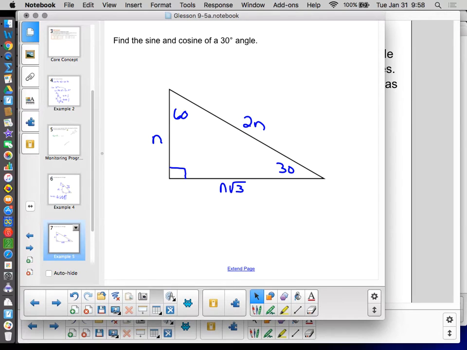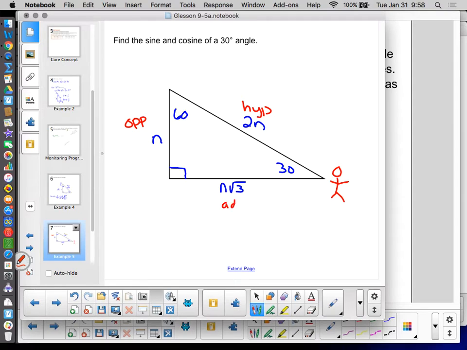Now, if that's my triangle, I want the cosine of 30, that means I'm down here. So this is the opposite. Obviously the hypotenuse. This is the adjacent. The cosine of 30 is the adjacent over the hypotenuse.